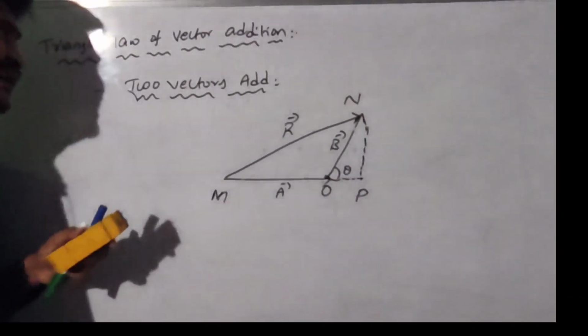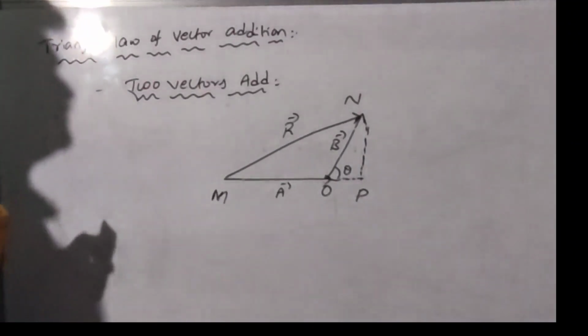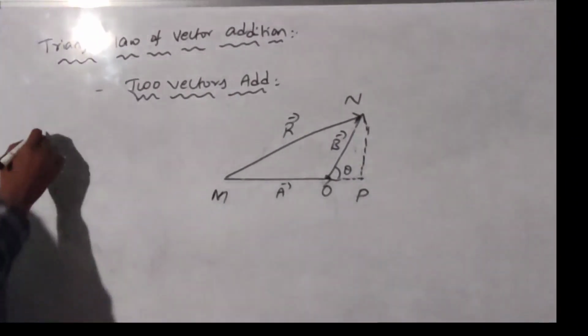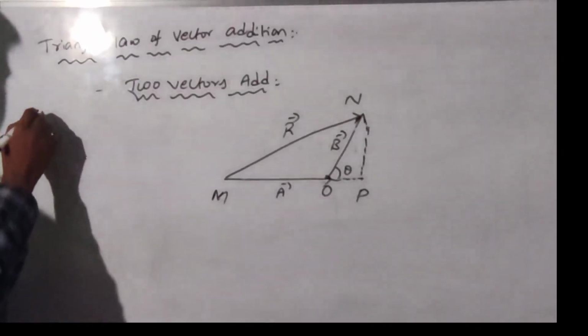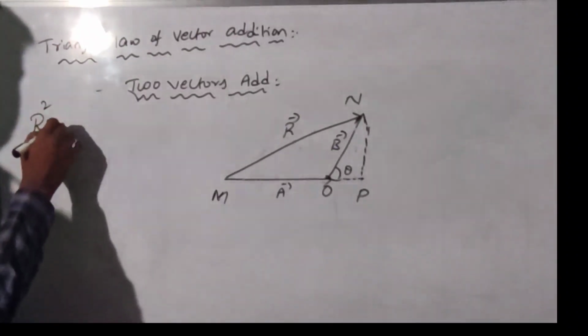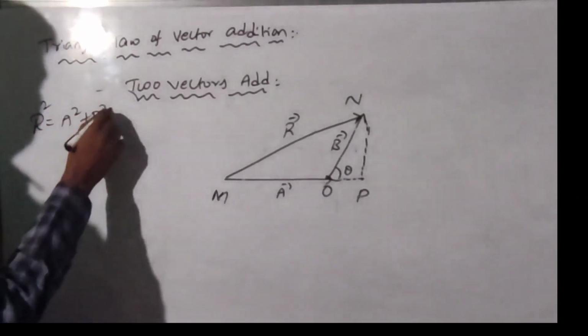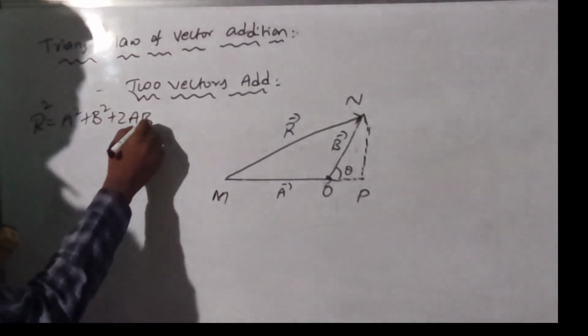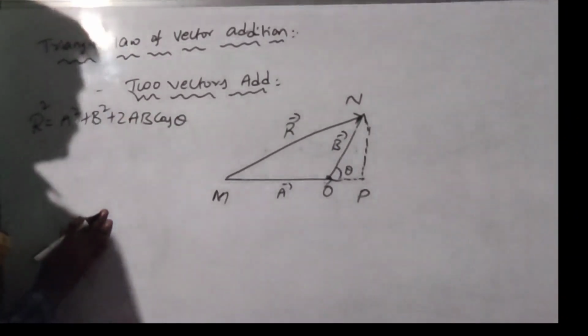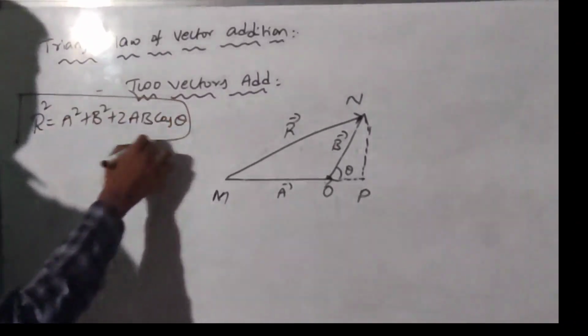Before going to that, what is the triangle law of vectors giving to us? First, with respect to magnitude, r square is equal to a square plus b square plus 2ab cos theta. This is the magnitude only.